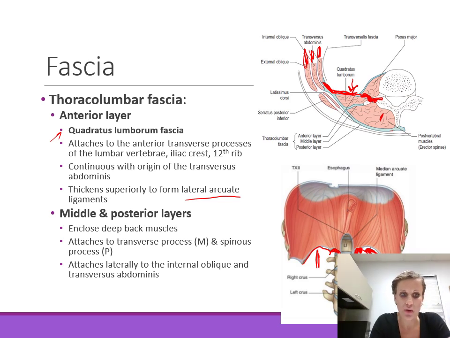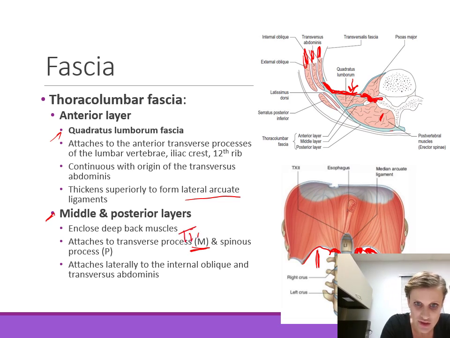The middle and posterior layers of the fascia, again, we said enclose the deep back muscles. The middle layer, which is why I have the little M here, attaches medially to the very tip of the transverse process. So the tip, and you can see that right here.